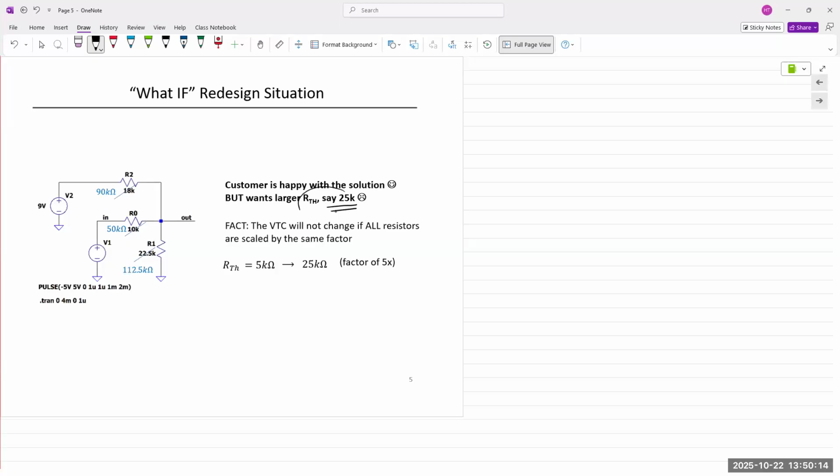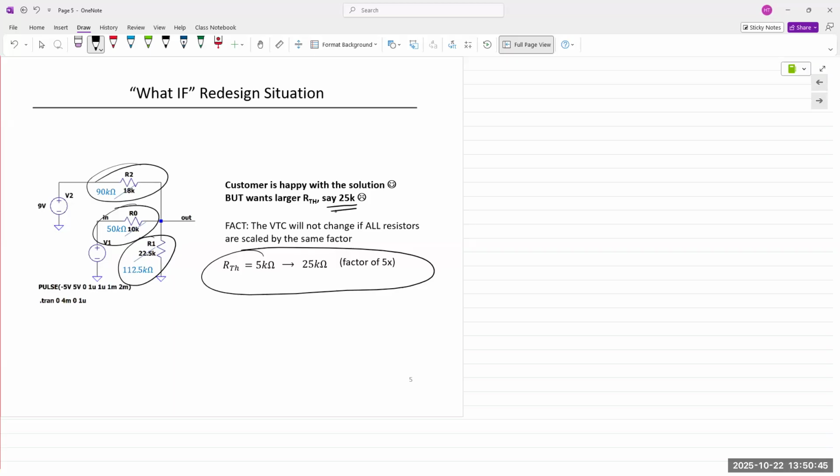So if RTH is 25K, you multiply the resistances by 5 times, and you have your answers. Okay, 18 kilo ohm now goes to 90, 10K goes to 50, and the other one goes to 112.5 kilo ohms. So the resistor values depend on the desired output.